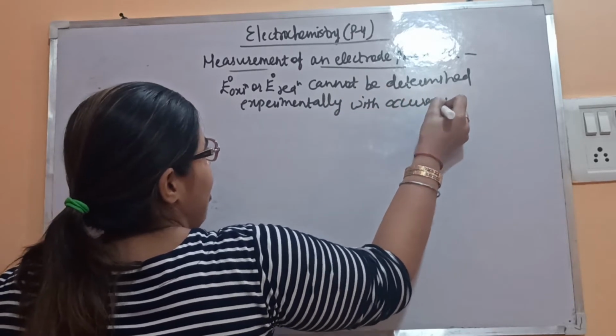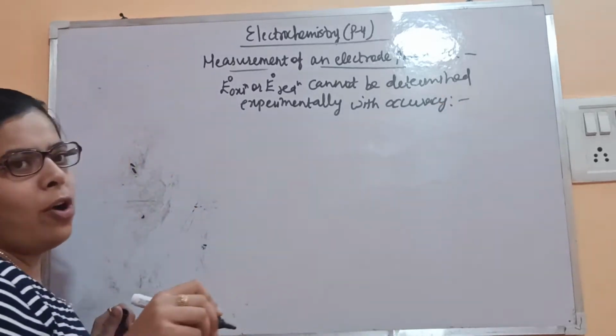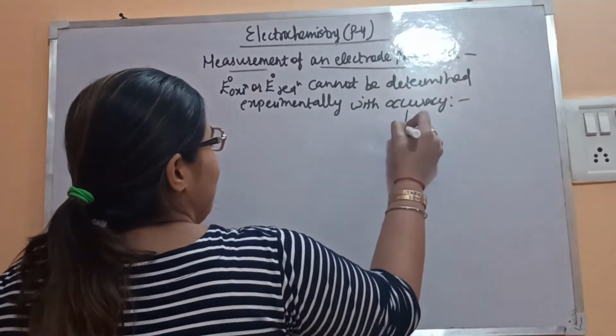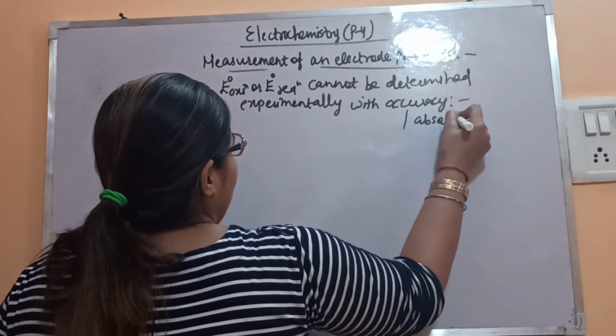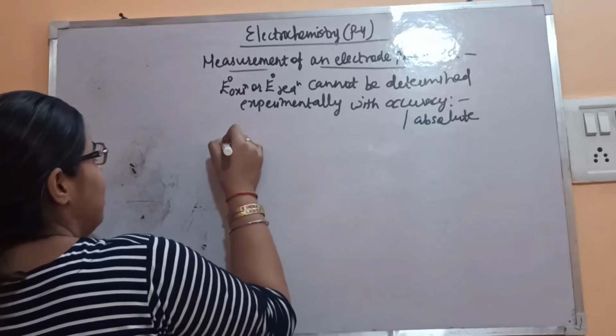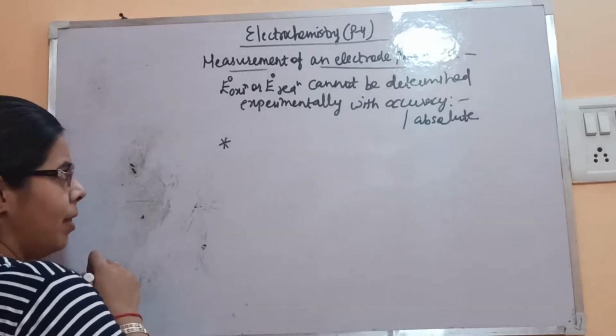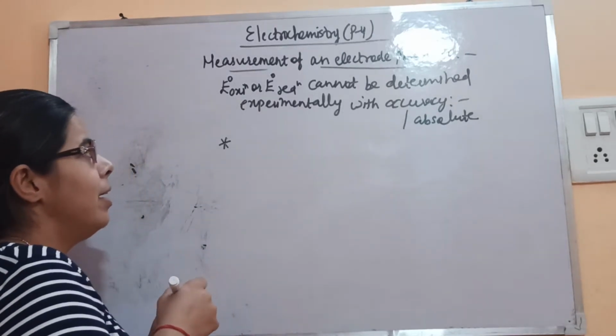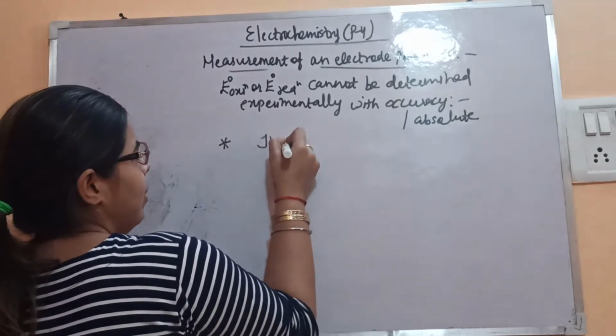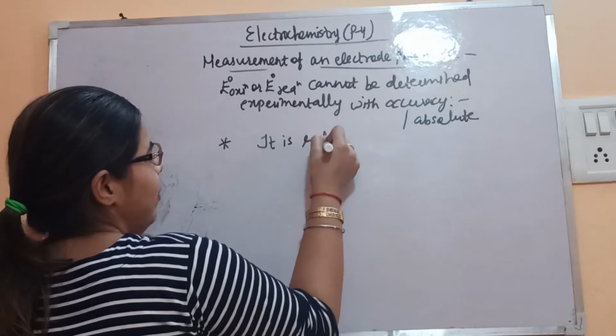Means the accurate value, or you can say the absolute value, cannot be determined. Absolute or accurate. The first reason is that we know it's a relative tendency.